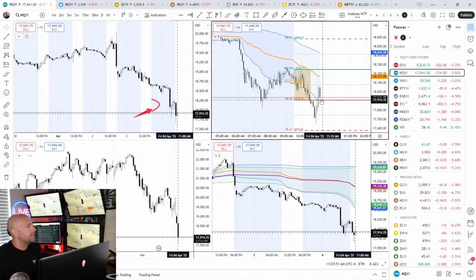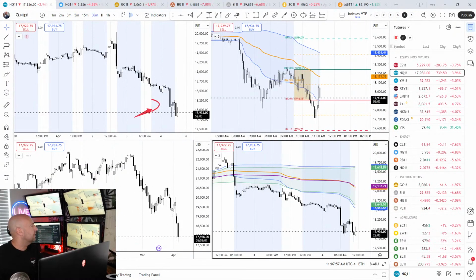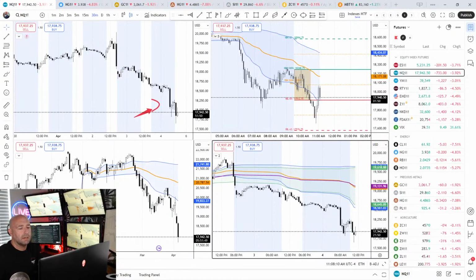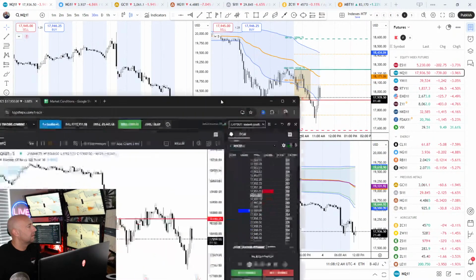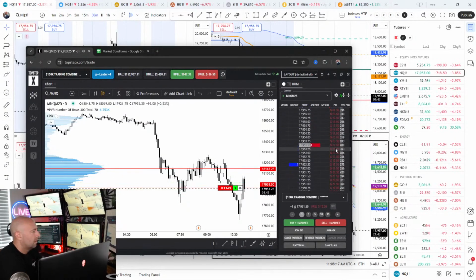On NQ, this is IB low, lower band, and the value area low on the session volume profile, all in the same spot. Right here. Let's see what it does here. Let's wait for it to test, and then maybe we'll get some strength. So I'm going to scale in a little bit.